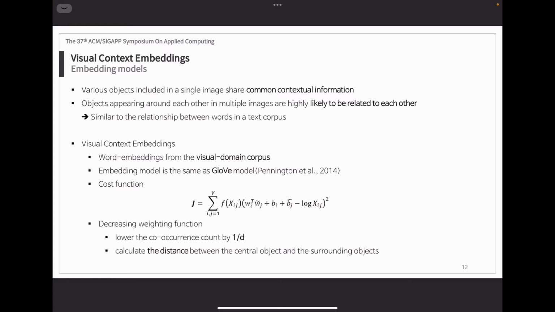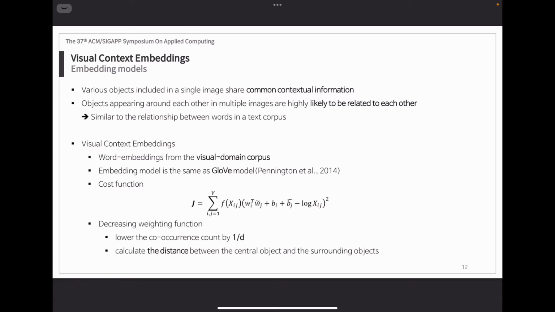This is very similar to the relationship between words in the text corpus. From this intuition, we decided to learn new word embeddings from the visual domain corpus consisting only of annotations on image datasets. We named these new word embeddings visual context embeddings because they have learned the visual context from the visual domain corpus. The embedding model of visual context embeddings is the same as the embedding model of GloVe.